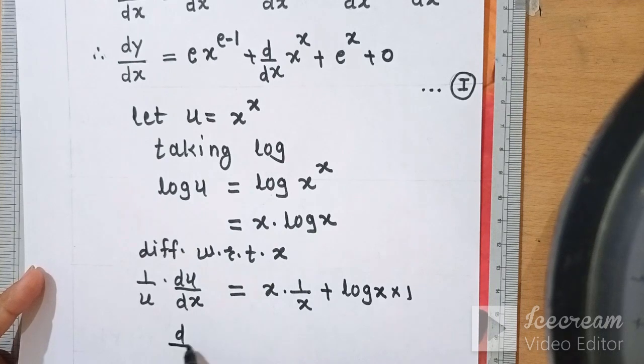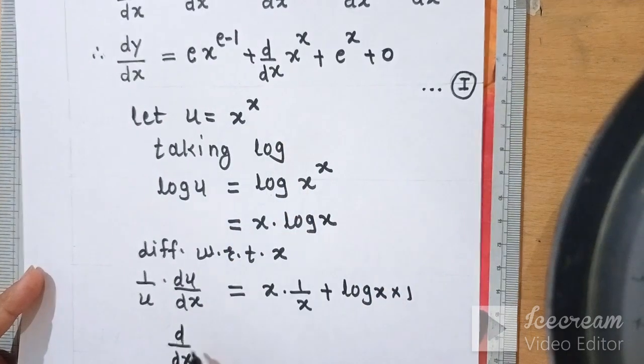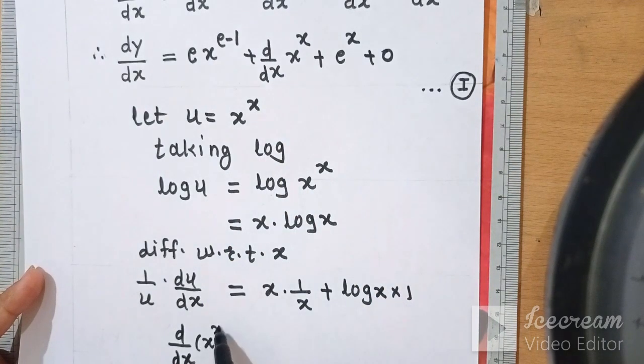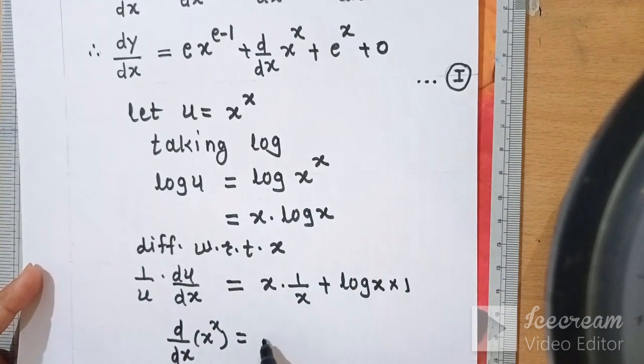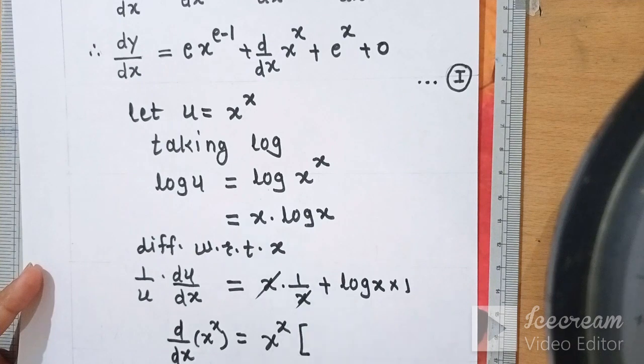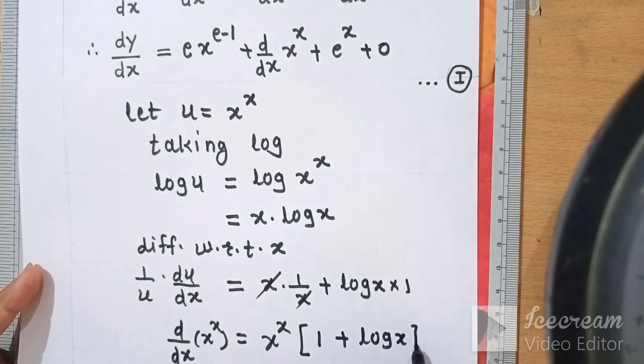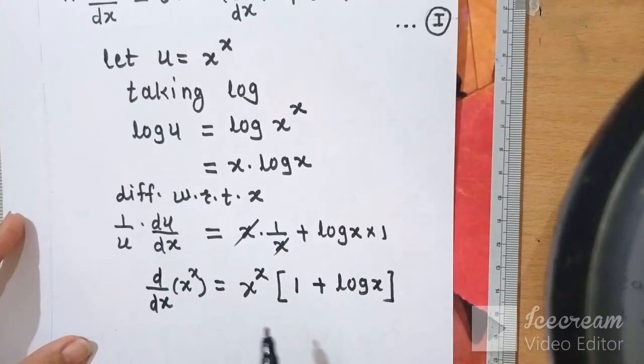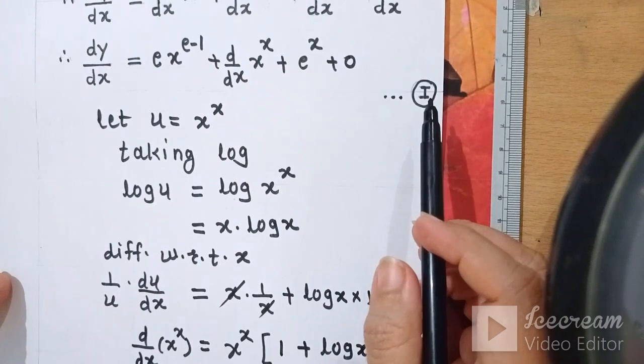Therefore d by dx of x raised to x, instead of u I'll write x raised to x. So here, as we are shifting u to the right hand side, that also we write down as x raised to x. Here this x gets cancelled. So here 1 plus log of x. Now substitute this value again in equation 1.